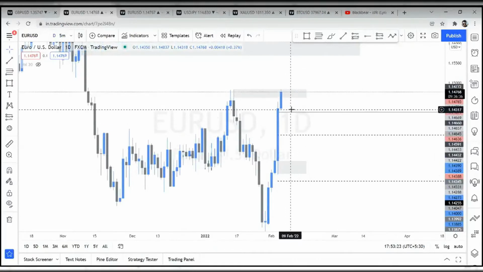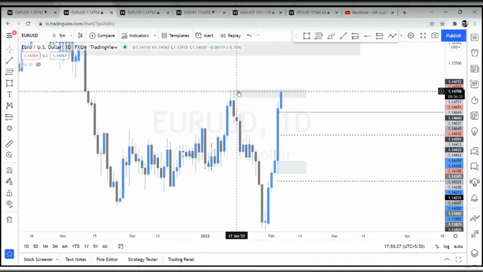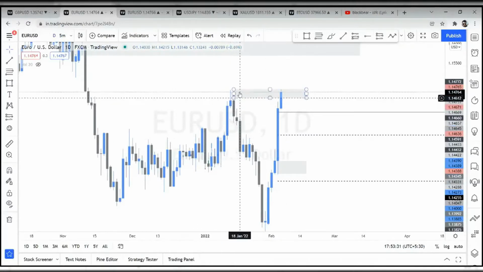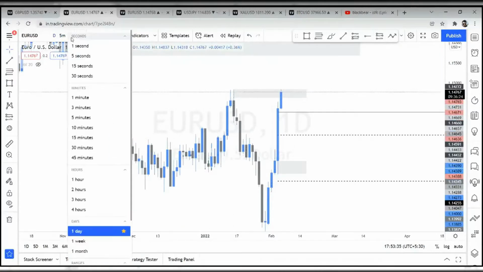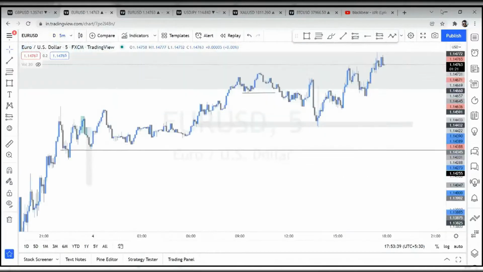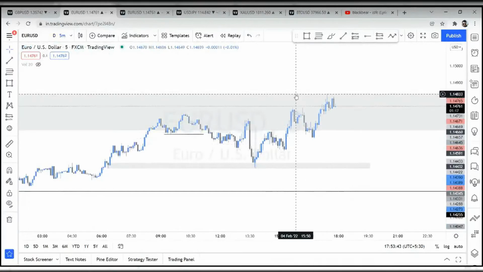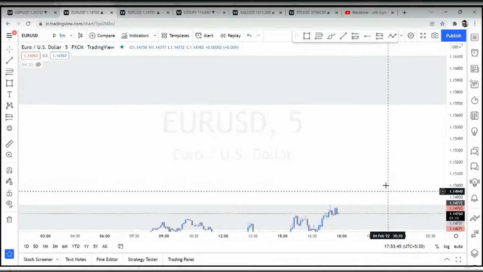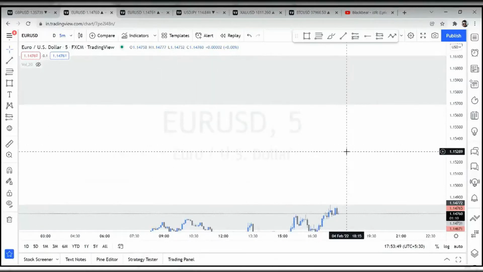That means it became liquidity. We're sure that this is not a protected high anymore, rather a liquidity that price is targeting. So on our buy that we could have taken from here, our first target was this, and then moving up, our target is this. This is the daily order block that I marked earlier.